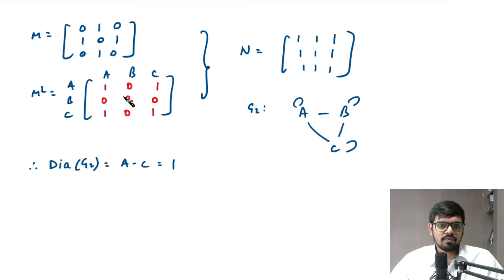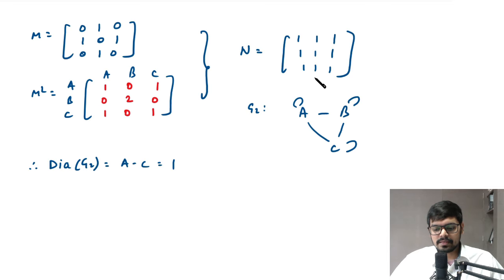So for every position, 1,1; 1,2; 1,3; 2,1; 2,2; 2,3; 3,1; 3,2; 3,3, either this was greater than 0 or this was greater than 0. So everyone was greater than 0, and therefore I can say that N is equal to this matrix.